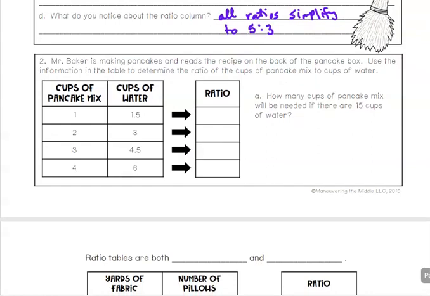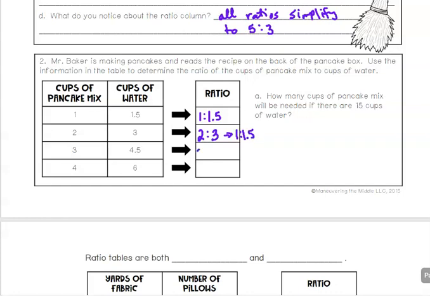All right, so this one's weird because it has some decimals in it, but it really doesn't change it. So we have 1 to 1.5 because it's saying there's 1 cup of pancake mix to 1.5 cups of water. So if I double that and I do 2 cups, then I have to double 1.5 as well, which would give me 3, but that simplifies to 1 and 1.5.